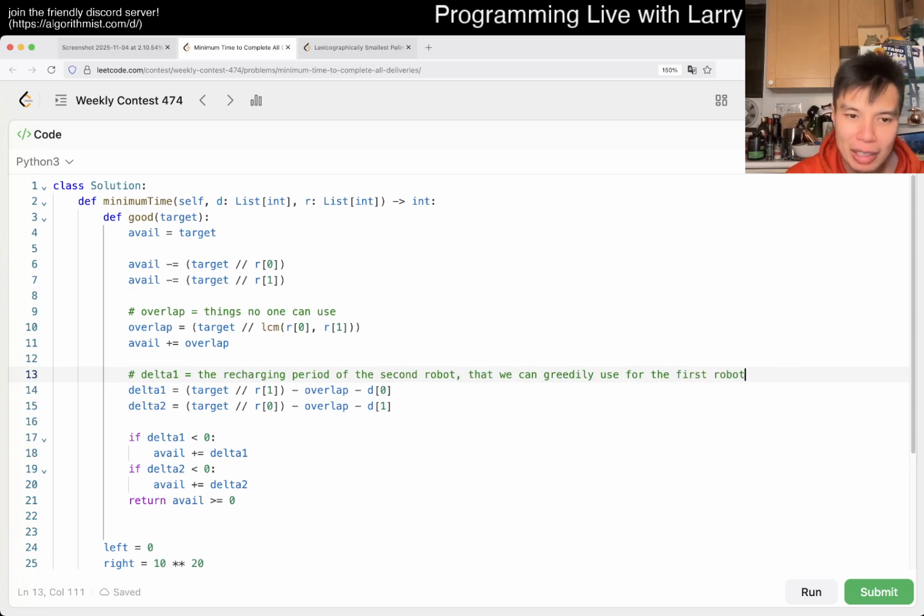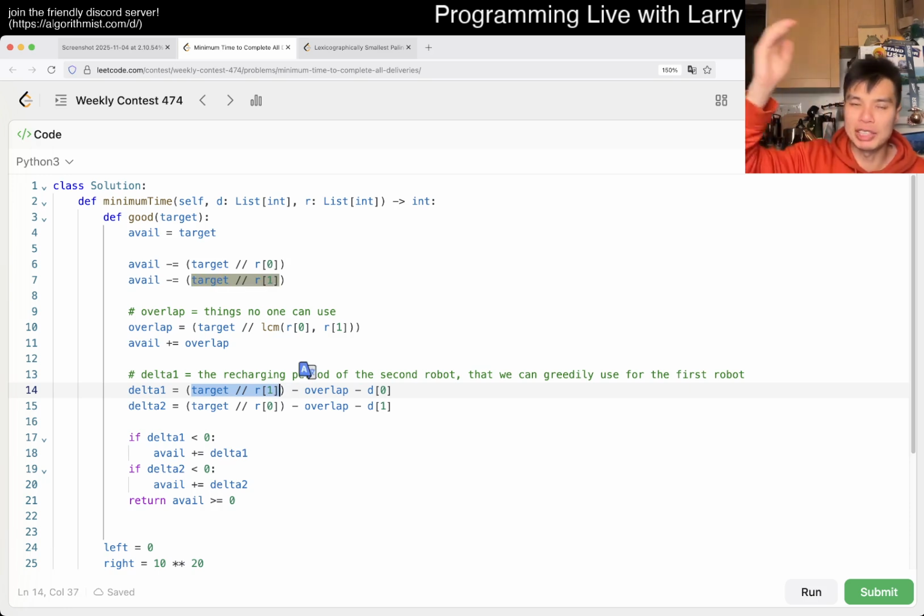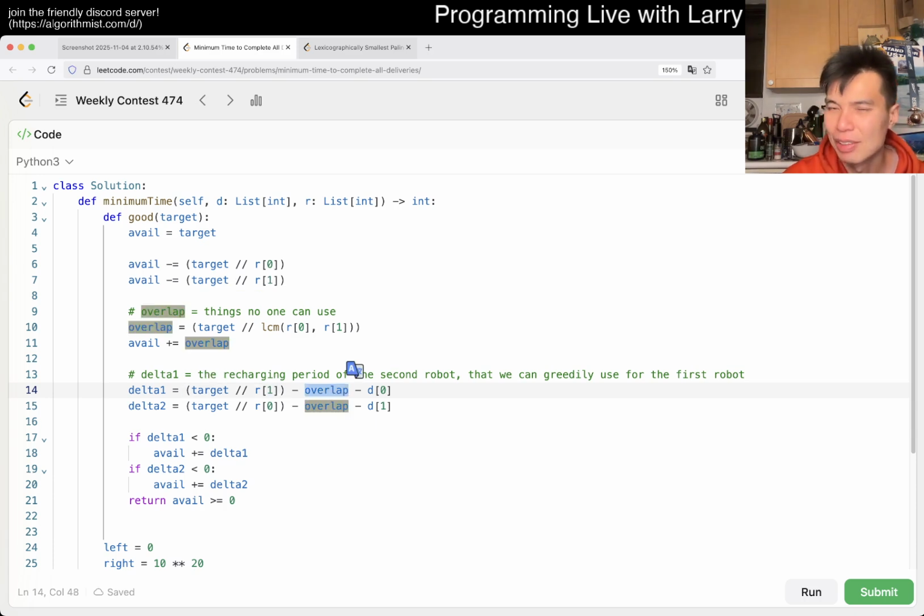So basically, target divided by R sub 1 is just the recharging period of the other robot, because we know that they're recharging, we can use this without thinking about it, right? But of course, this overcounts the number of them, because we have to remove the ones that are overlap, because if they're overlap, the first robot cannot use it either. So it's just this minus this.